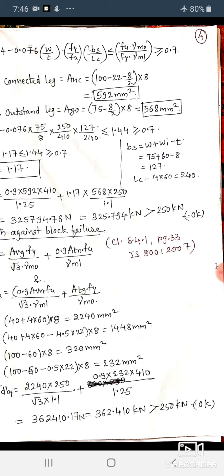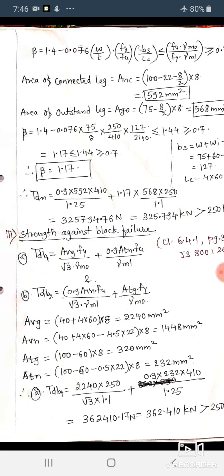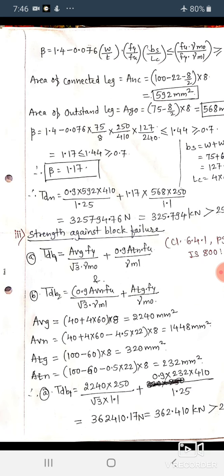And T is the thickness of the section. So if you substitute, you will be getting Bs equals 127 and LC is the center to center distance from the first bolt to the last bolt. So 4 into 60, that is 240 mm. So after substituting in the beta, I will be getting the answer equal to 1.17.